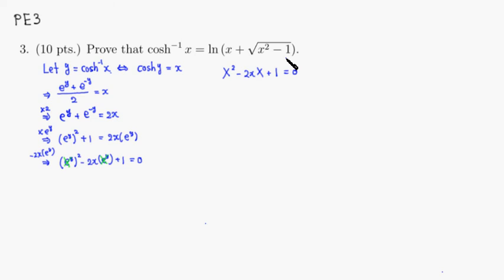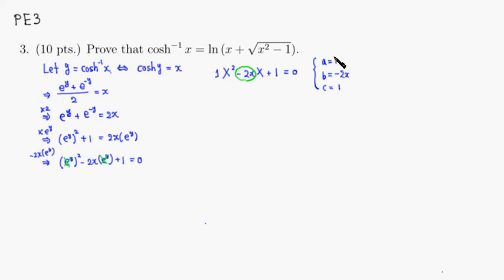So this is a quadratic equation where a is 1 because the coefficient of capital X squared is 1. And b is a little tricky, but b is just the coefficient of capital X, so it's negative 2x. And c is just the constant term, so it's 1.